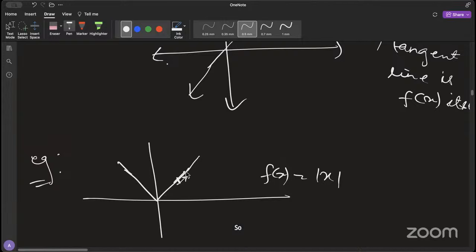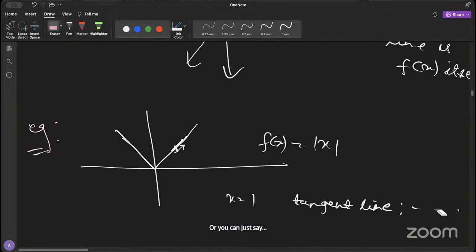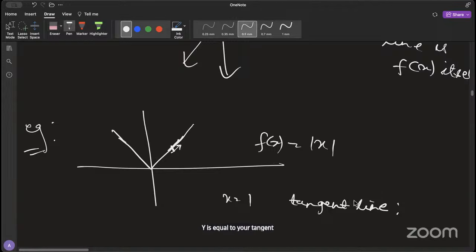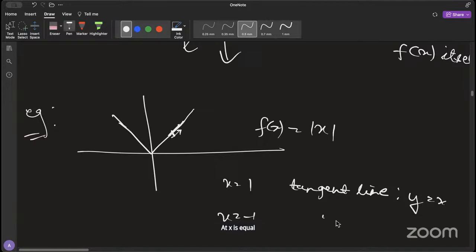So the tangent line is this line. So at x = 1, the tangent line is f(x) = x, or you can just say the tangent line here is given by y = x. At x = -1, the tangent line is given by y = -x.